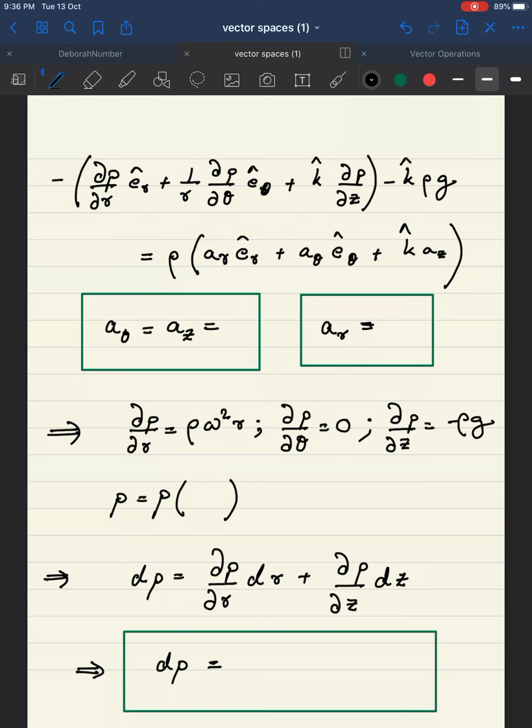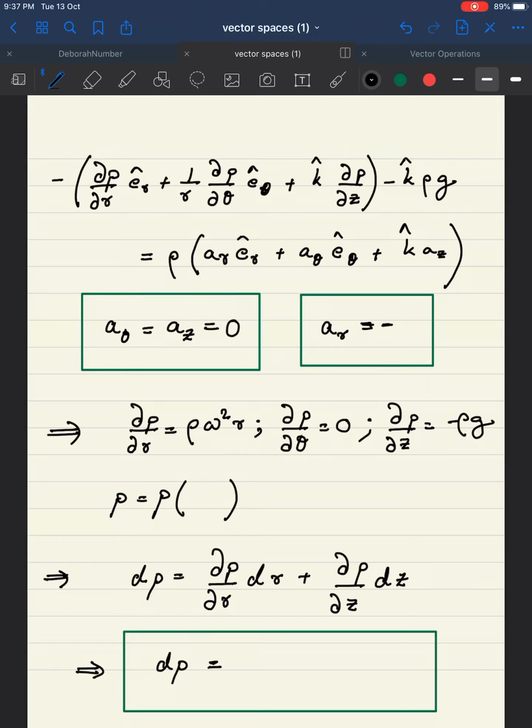So now what we have to do is figure out what the values of AR, A theta, and AZ are. These are the components for the acceleration. In this particular case, you are having just rotation along the axis, so A theta and AZ are 0, but not so AR.